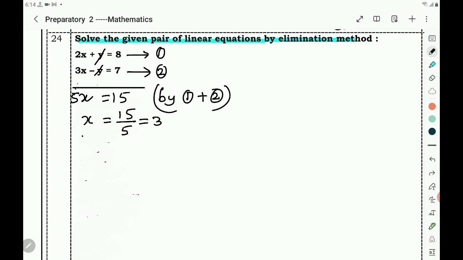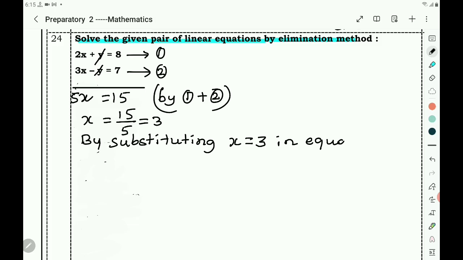Then by substituting x equals 3 in equation first, you write the first equation. First equation is 2x plus y equals 8.